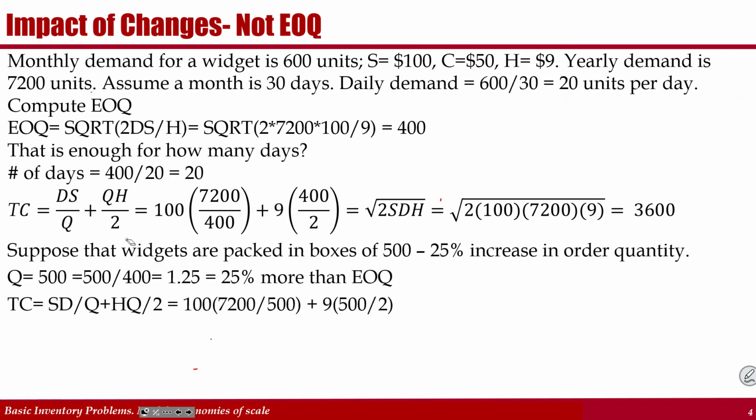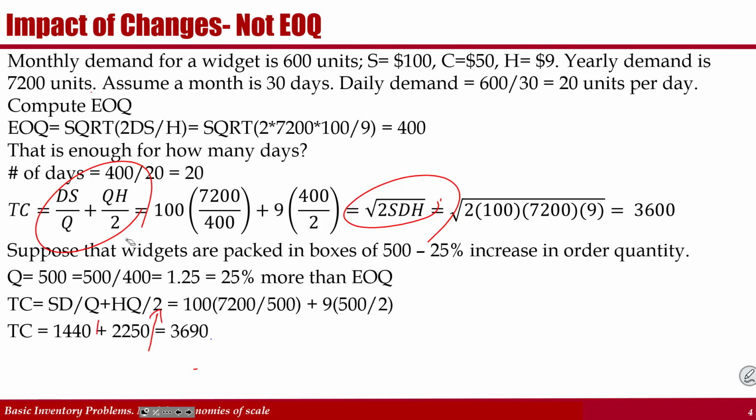If I put 500 into the formula, which is not EOQ, and therefore I cannot use this formula and I need to use this one, my carrying cost goes up a little bit, my ordering cost comes down, but the total goes up. And I move from 3,600 to 3,690.